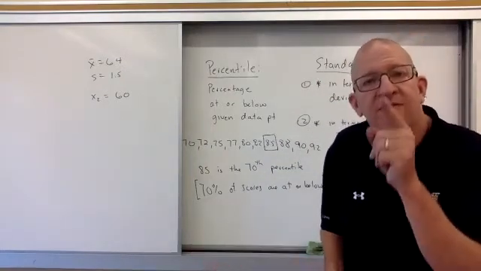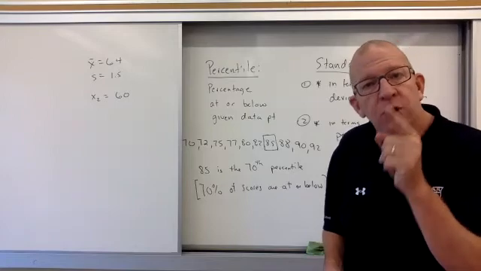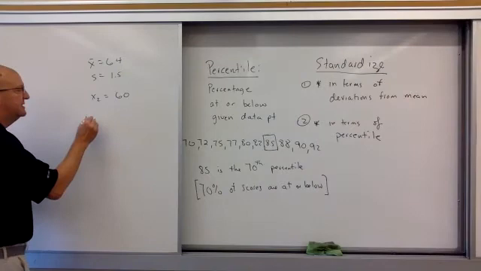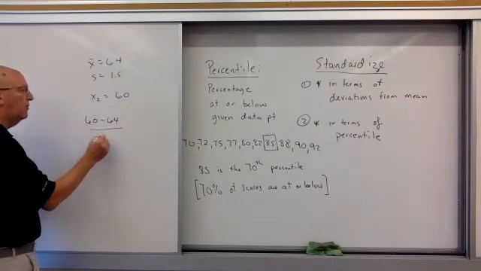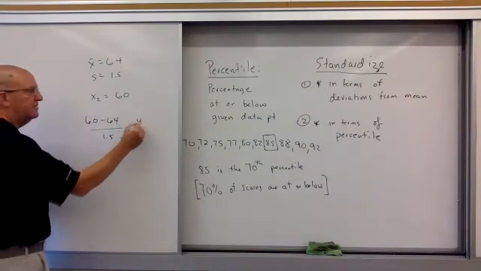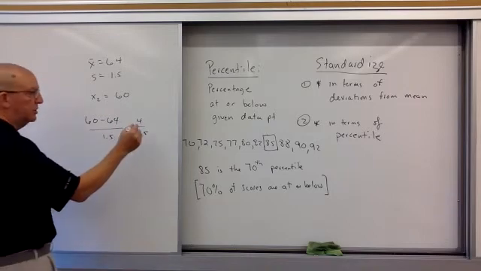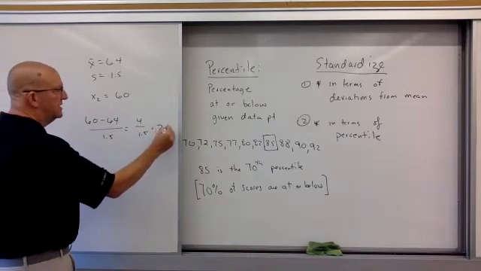It means something if you know the mean and standard deviation. So here's what we say. We say 60 minus 64 over 1.5. So that's negative 4 over 1.5. So what's that? 4 over 3 halves, which is 8/3. So that's like 2 2/3, right? 2.6 repeating.